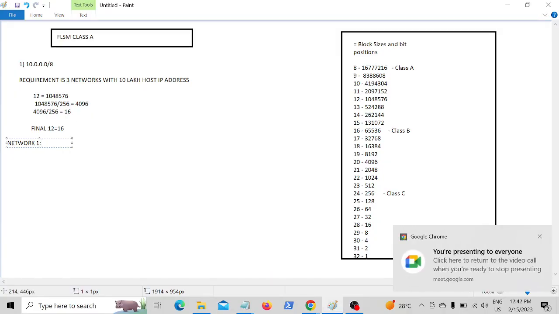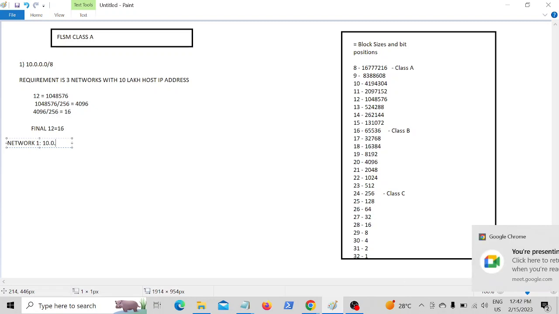Network 1 is 10.0.0.0 with whatever the question requires after the slash. Now we are converting this into subnetting using this table, so its CIDR will be 12.